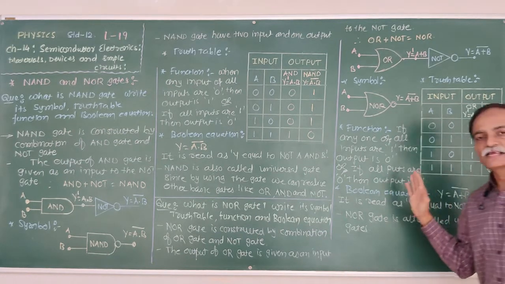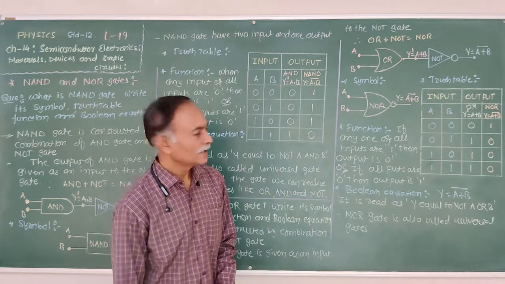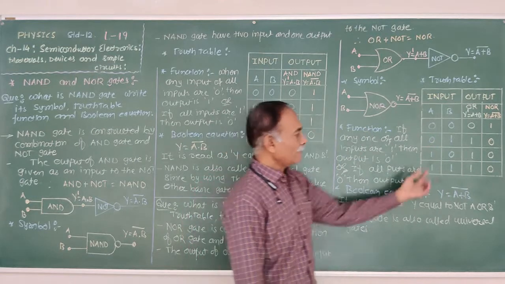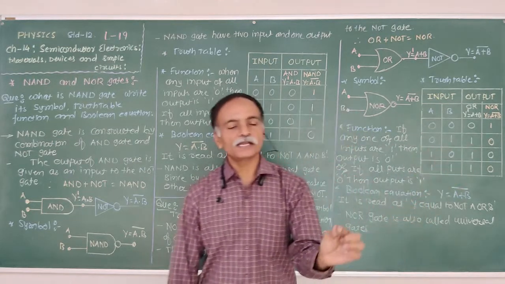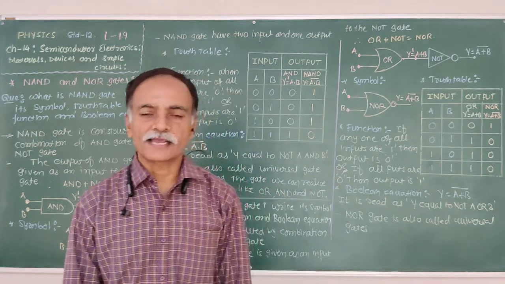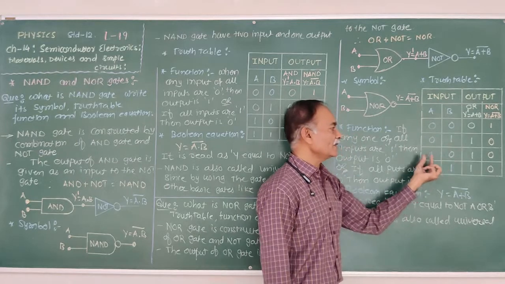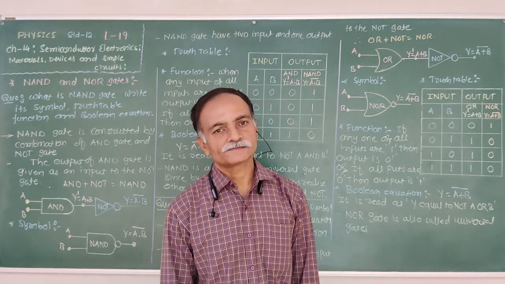So from this table we can say what the characteristic of the OR gate is. If any one input or all inputs are 1, output is 1.